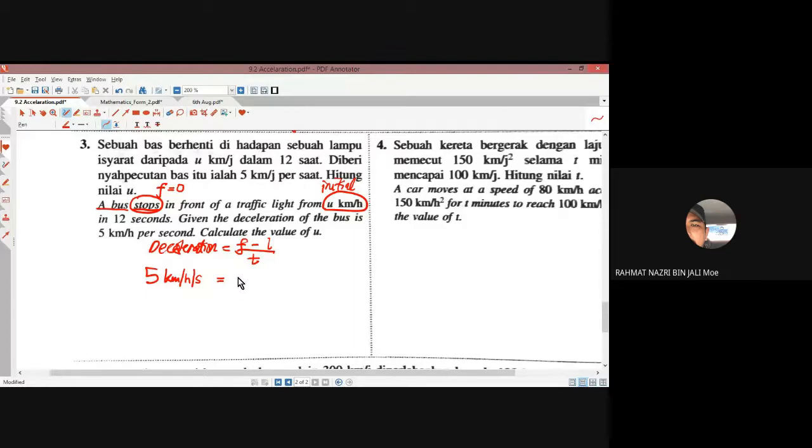The final one is 0 minus initial is u. We substitute with u and t in 12 seconds. We can proceed without converting it to hour because we got another s in the acceleration unit. So we cross multiply saja, so dapat 60.